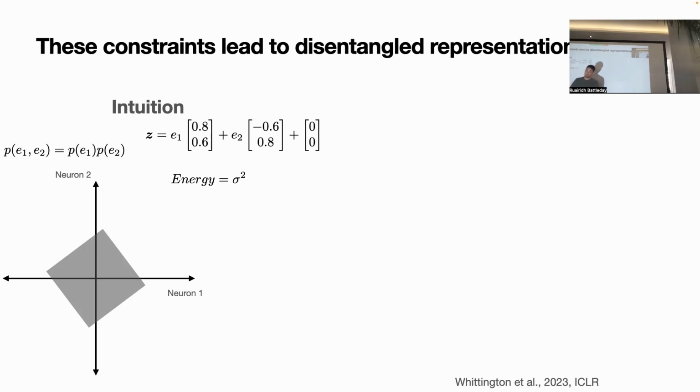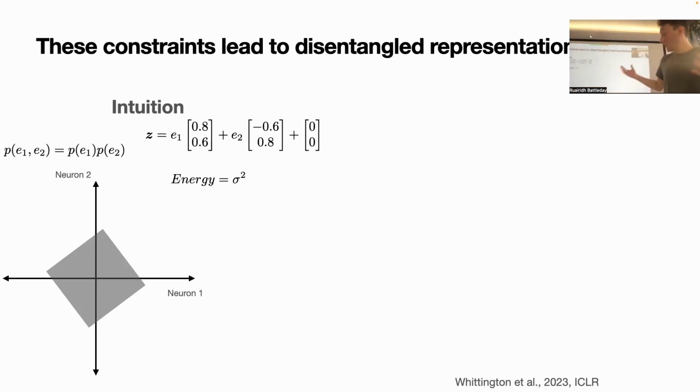They're representing it in some nice, simple, linear way. We can see that E1 is projected along this axis, and E2 is projected along this axis. That's described by the equation at the top. And over here, we have the energy, the amount of activity that these neurons are using to code for these two random variables.